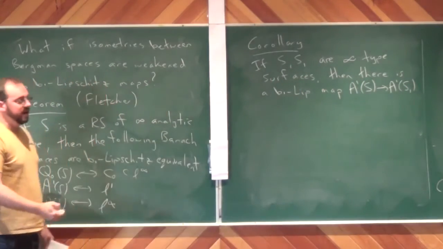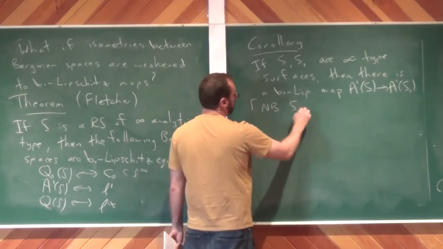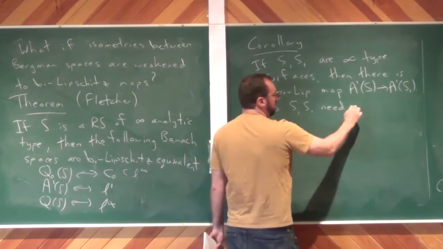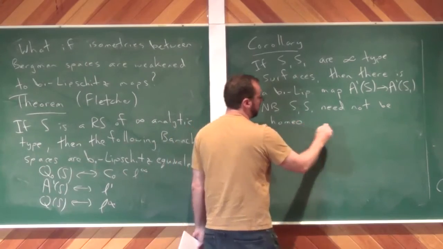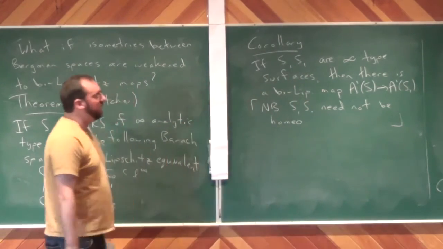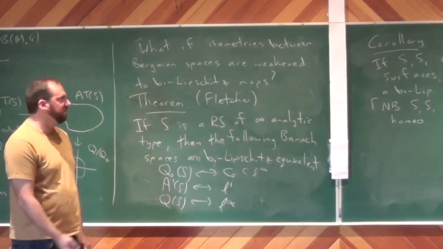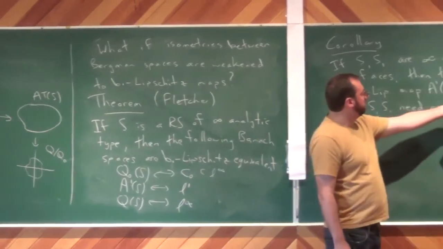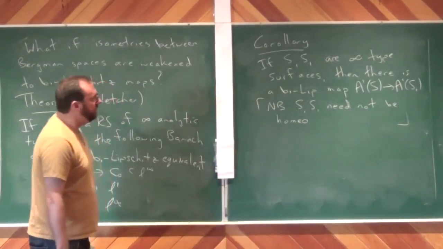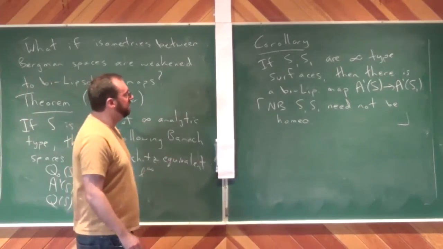So again, we're not assuming S and S1 are homeomorphic here. So S could be a Loch Ness monster, S1 could be the plane punctured at the integers, they're not homeomorphic, but the Bergman spaces turn out to be bi-Lipschitz equivalent. So looking in the bi-Lipschitz class of Bergman spaces doesn't tell you anything about the underlying surface, because you can always find a bi-Lipschitz map between them.